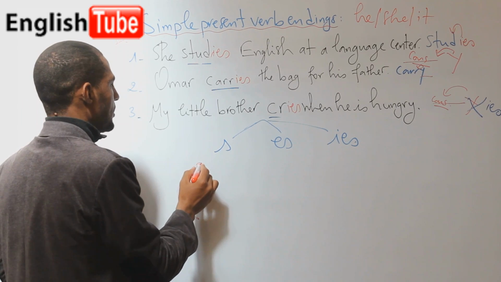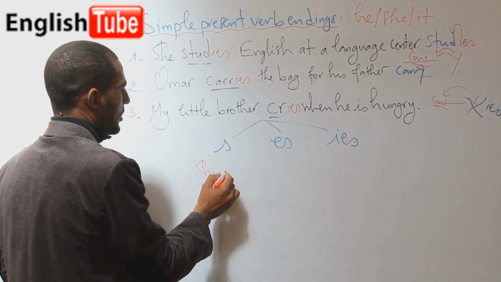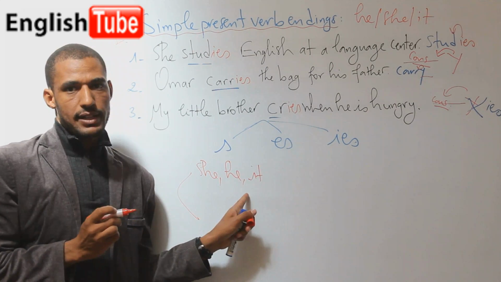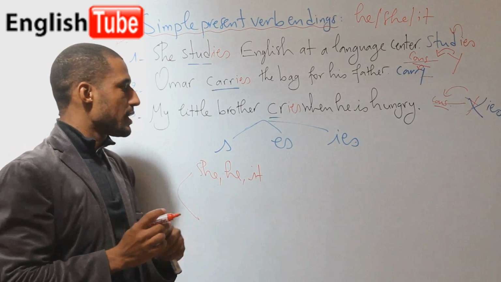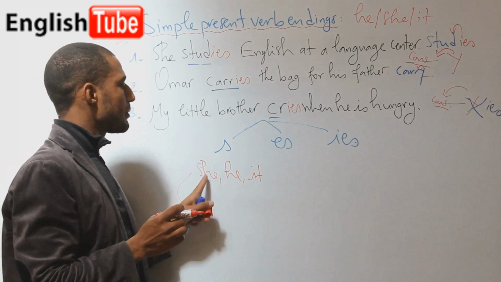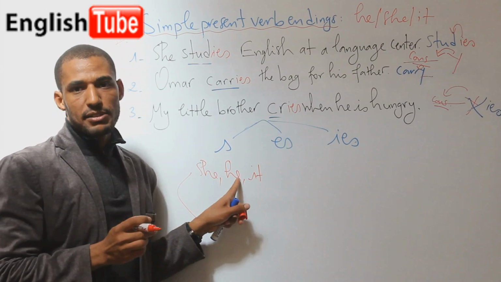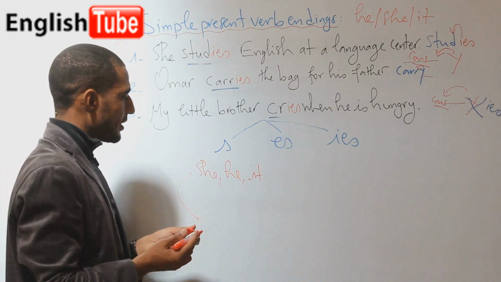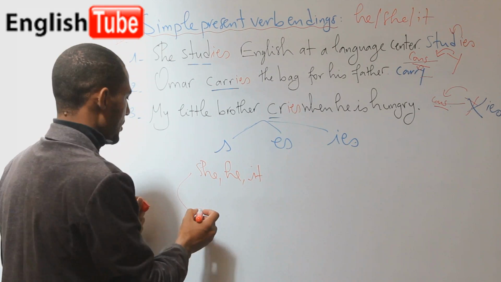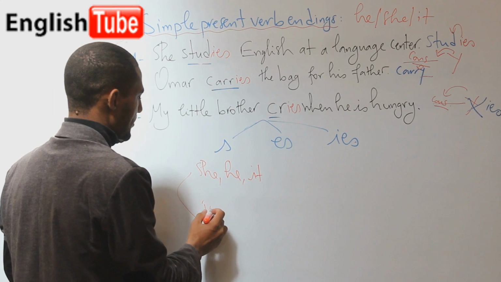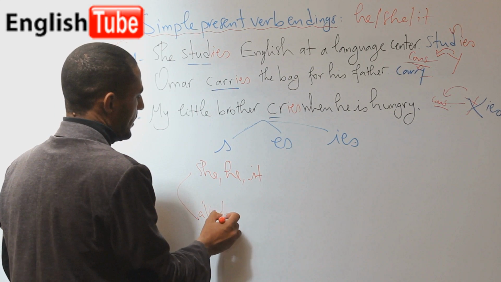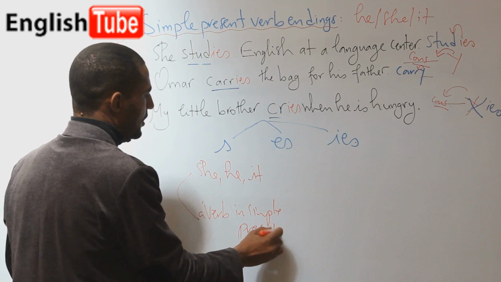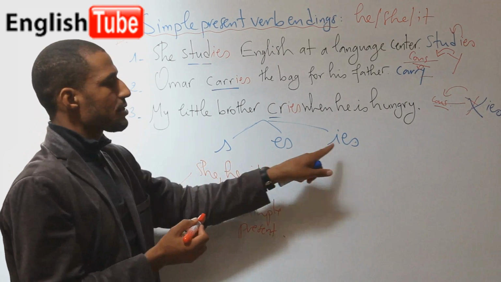First of all, there must be the pronoun he, she, or it as a subject pronoun at the beginning. Or Layla, Amina, my sister, Ahmad, my father, Omar, whatsoever, and then it maybe an animal, a dog, or a pen, or whatsoever thing. The second condition is the verb should be in simple present. Then we can add S, ES or IES.